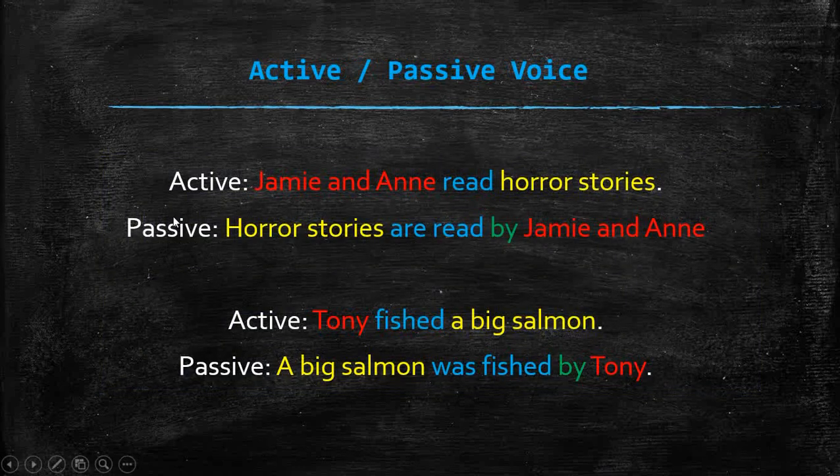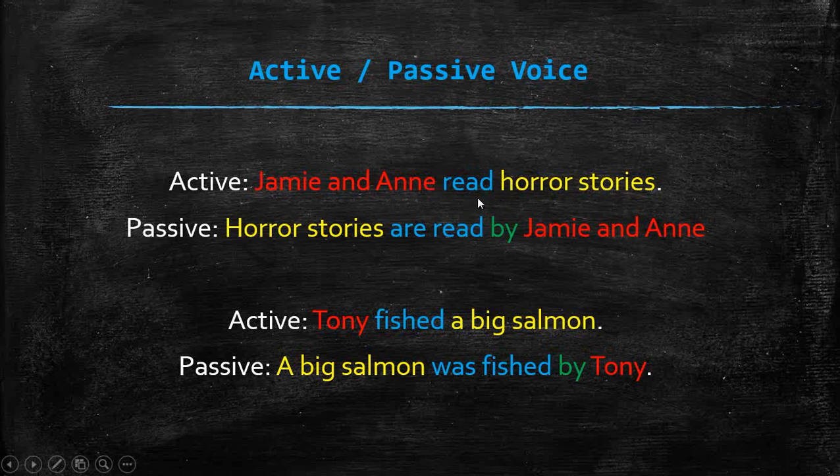Now here we have two examples of active sentences and each one in passive voice. The active form is Jamie and Anne read horror stories. This is the subject, Jamie and Anne.